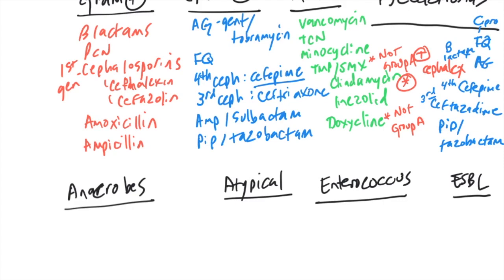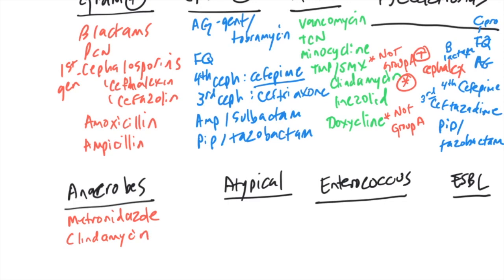Moving on to anaerobes. This is a fairly easy category to remember because the list of antibiotics is fairly short, but the most famous antibiotics that are associated with anaerobic coverage are metronidazole and clindamycin.